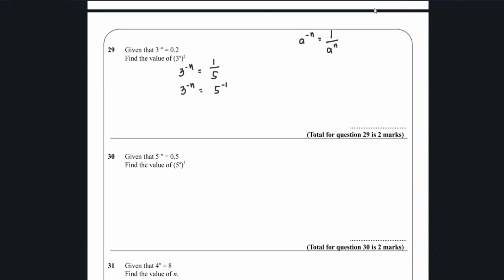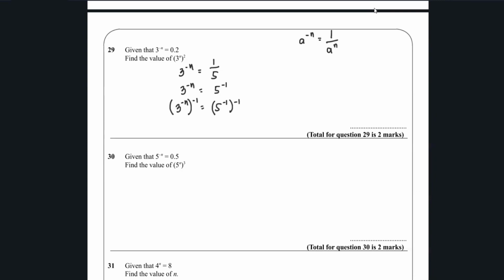Now we need a positive n for this. Okay, so we have to work on what we have to get to the one that we need. So if I have here a negative n, I'm just going to rewrite it right here, and I need a positive n, I can raise both powers to minus 1.